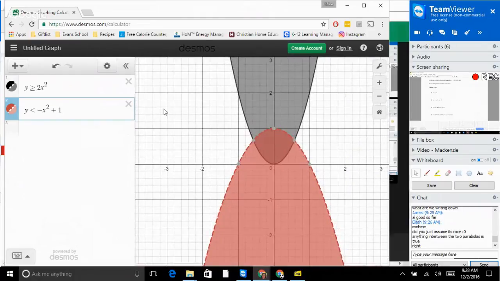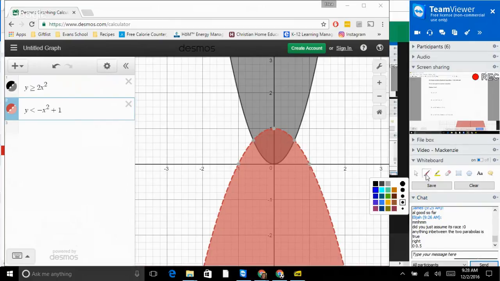So if I wanted to draw the set of solutions that are true for both of these, you would draw a dotted line here, and you would draw a solid line here. And you would shade in this tiny little area right here where both parabolas are true. So what this means is that only the values that are right inside of here are true for both inequalities.